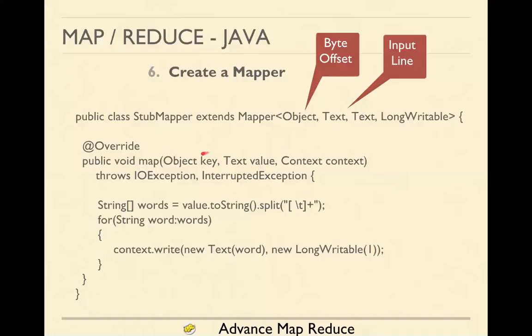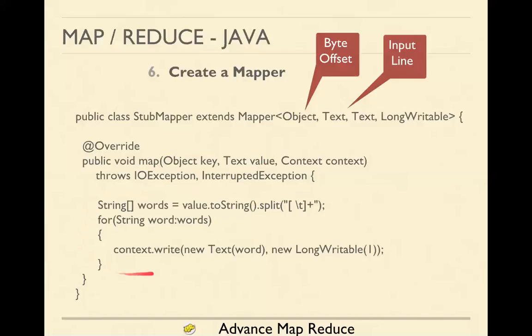While key is the byte count, meaning what is the sequence number of this line in terms of how many bytes it is away from the beginning. Okay, instead of saying line number, we are using byte count. All right, so here we get key as the byte count and the value as the line. That's what we get from Hadoop in our map function.